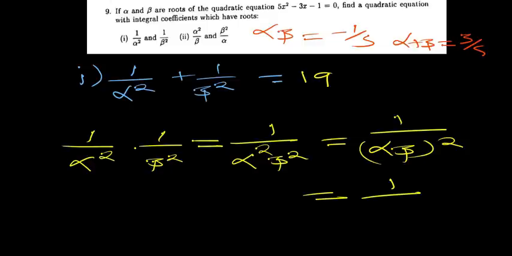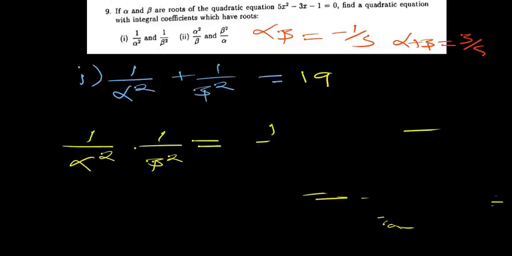Alpha beta as a product is negative 1 over 5, so if you square that it becomes 1 over 25. And then since 1 over a fraction is as good as a reciprocal, the reciprocal of 1 over 25 is 25. So there we go. So we have a 25.